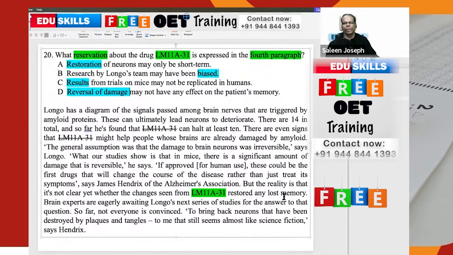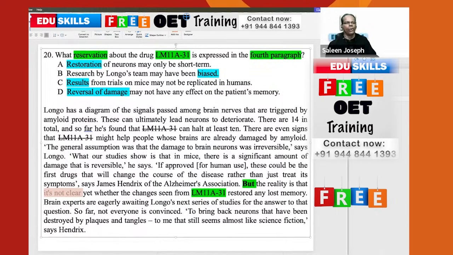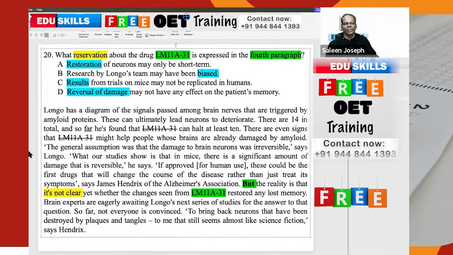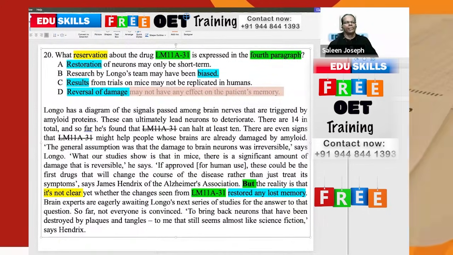LM11A31 restored any lost memory. But the contrast word, but the reality is that it's not clear, means suspicious, doubtful. Synonym of reservation. Yet whether the changes seen from LM11A31 restored any lost memory. Do you have the synonym of this anywhere in the options? Yes, may not have any effect on the patient's memory.